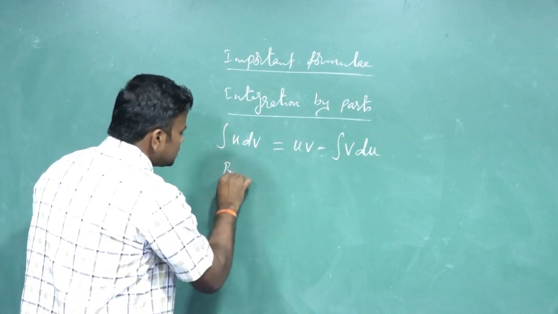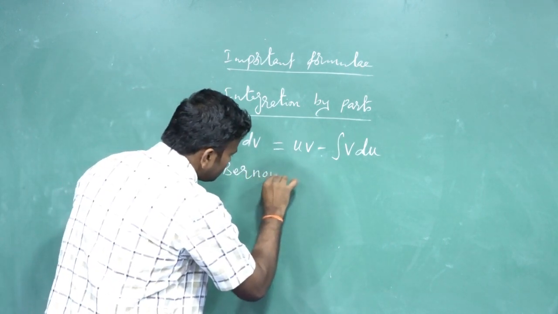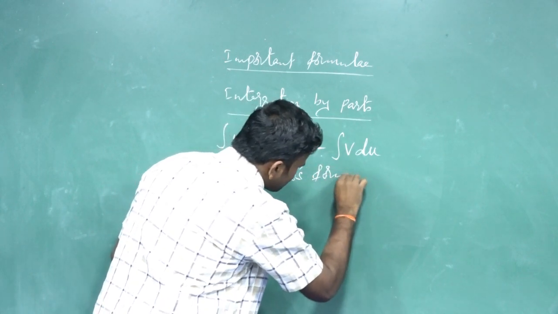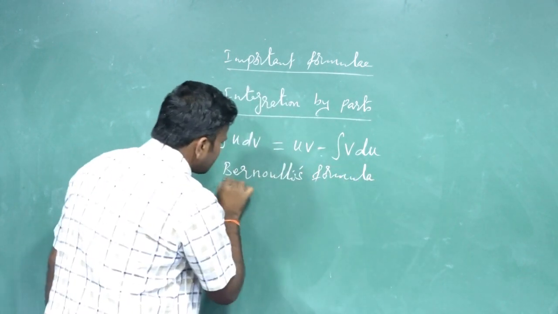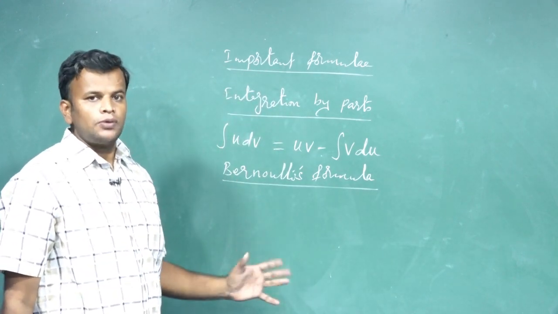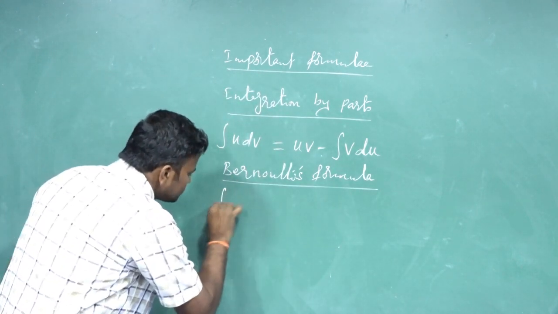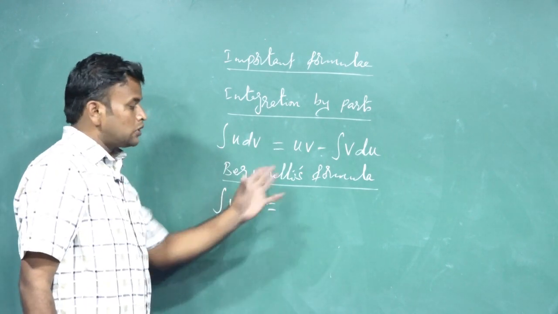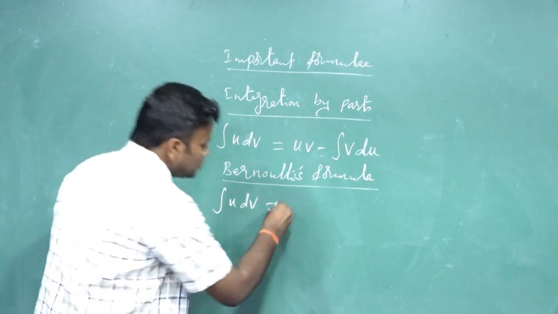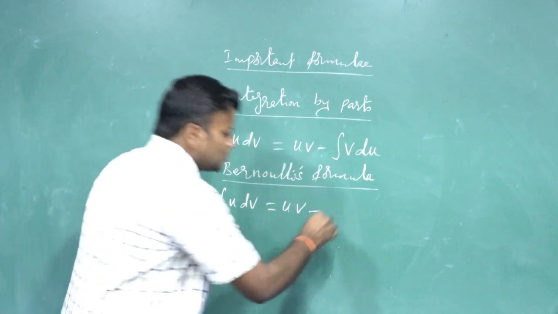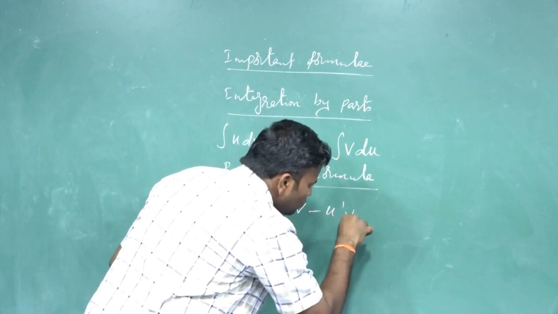Another important one is Bernoulli's formula. The inventor's name is Bernoulli, so this formula is called Bernoulli's formula. LHS is the same, integration of u dv, and whose RHS is going on: uv minus u dash v1.